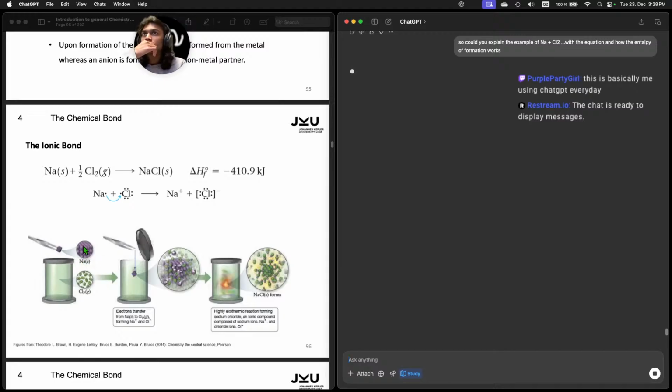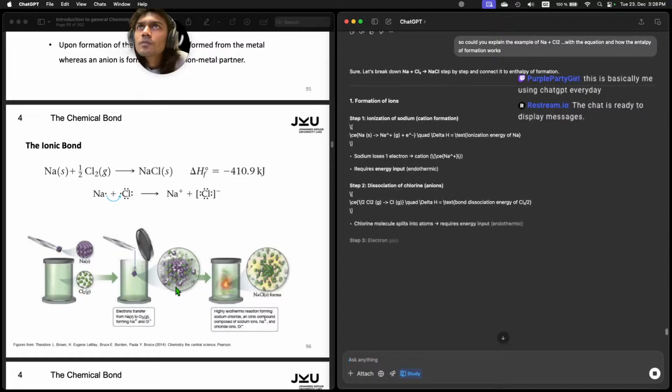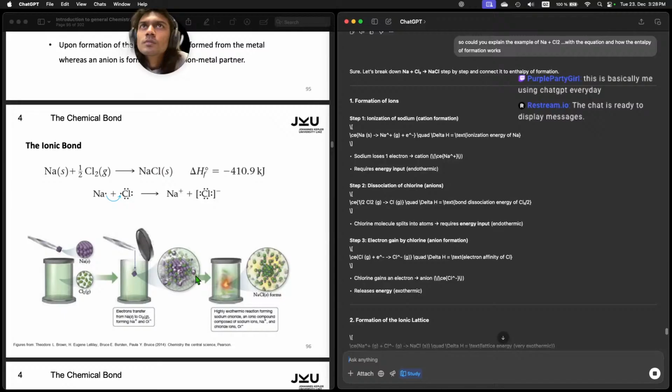So Na, it's like a lattice. Chlorine is in gas form. Okay, so when they interact, electrons transfer from Na to chlorine, a highly exothermic reaction forming sodium chloride, an ionic compound composed of sodium ions and chloride ions.